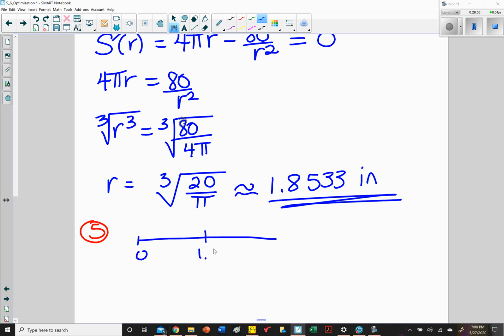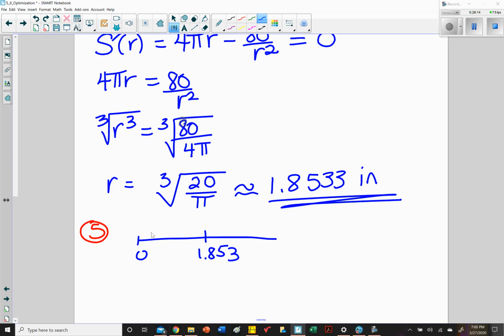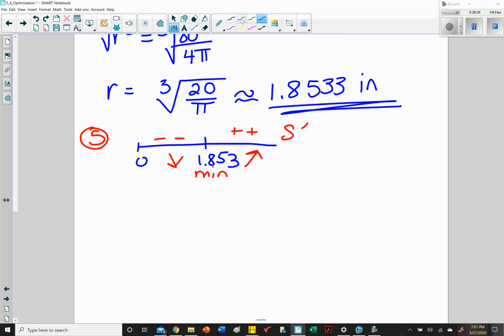If we have 1.853 and substitute back into our derivative some values smaller between 0 and 1.8 and then larger, this is our derivative. So you can tell that the 1.85 is a minimum there. And then we can answer the question.